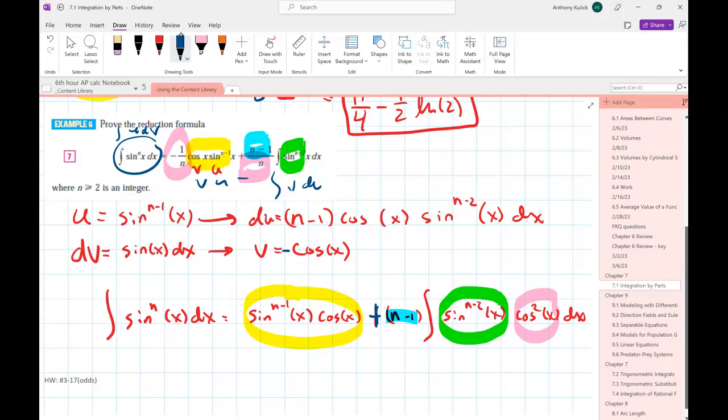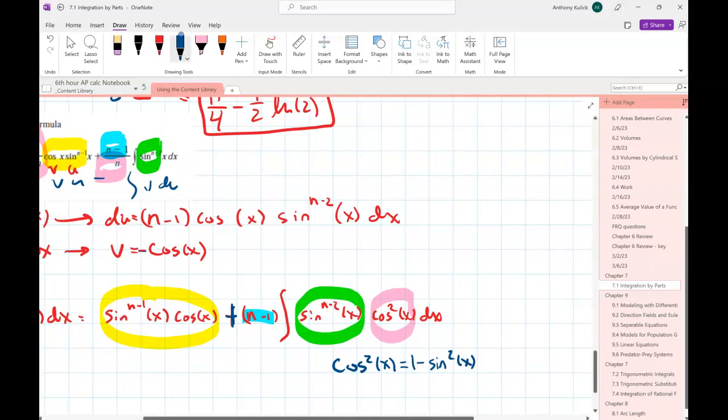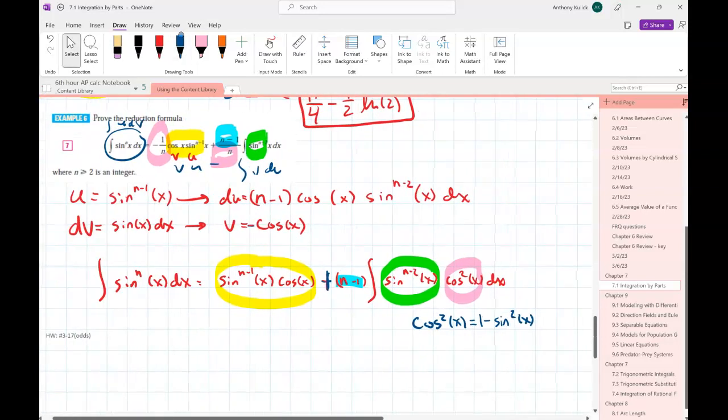Let's look at this pink thing that's not supposed to be there. That cosine squared. Does that mean we messed up? Nope. I'm going to use a trig identity. Cosine squared x is 1 minus sine squared x.